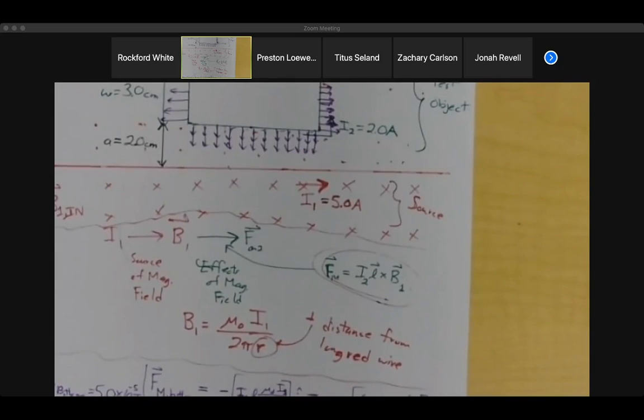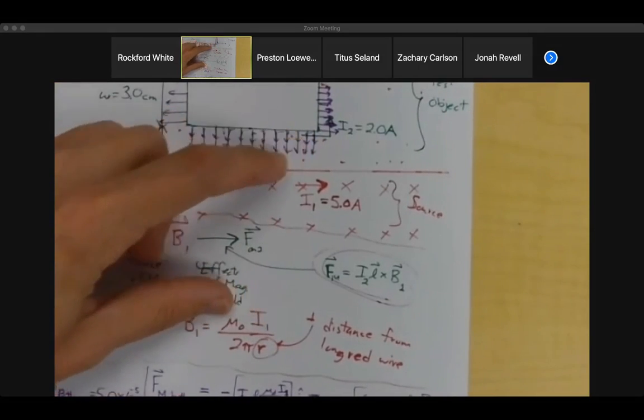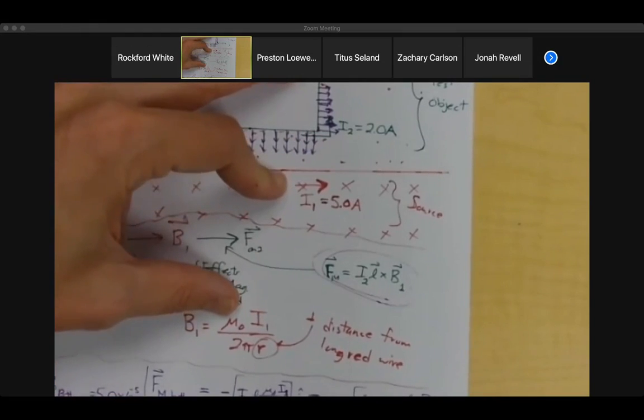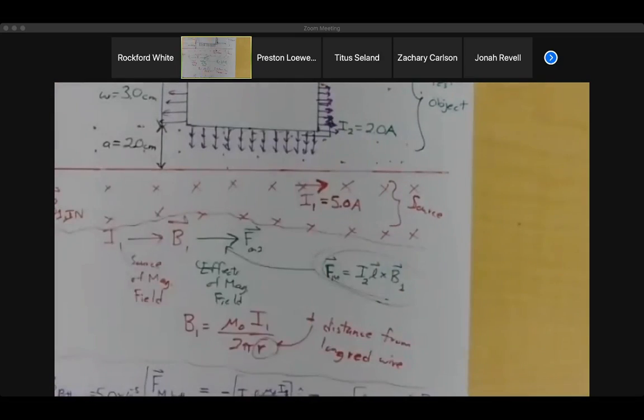Like 1 over x, you get natural log. So there'd be some natural log expression for the right and the left edges if you want to know how strong that outward force is. You'd evaluate far distance over near distance. It would be something like natural log of 5 centimeters minus natural log of 2 centimeters, which ends up being the natural log of 5 over 2, which is 2.5.